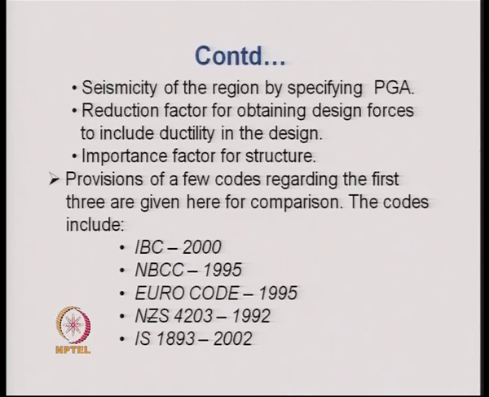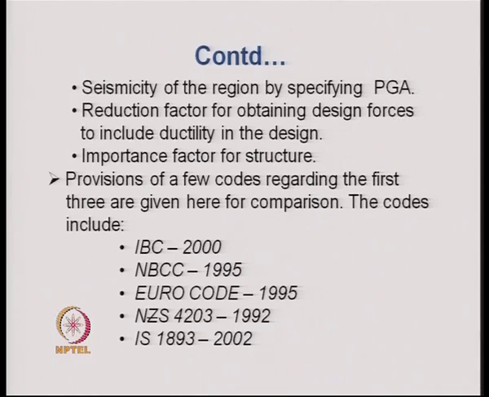The other things, that is the seismicity, the reduction factor and the importance factor, are dependent on the specific country and the factor of safety that is considered in different parts of the world in designing the structures. The reduction factor of course has some kind of commonality, in the sense of how much we allow the structures to go into the inelastic range.